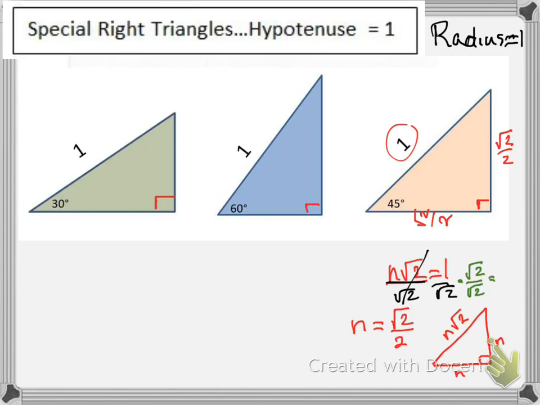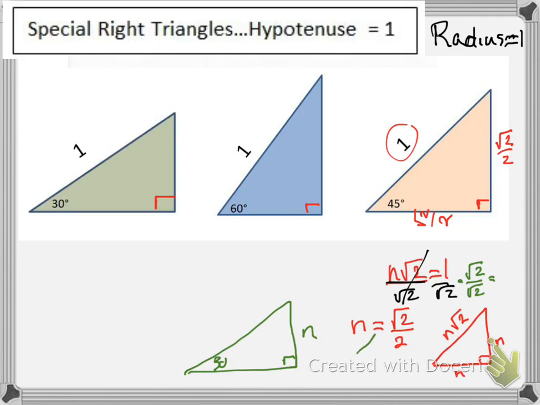The others are both 30, 60, 90 triangles, but I'll work one and then I'll put it on the other one. So if I have a 30, 60, 90 triangle, the basic pattern is: the shortest leg is opposite from 30, and we call that just n.